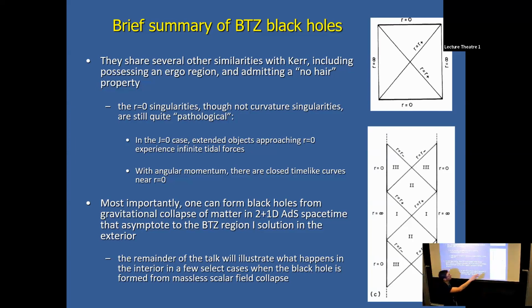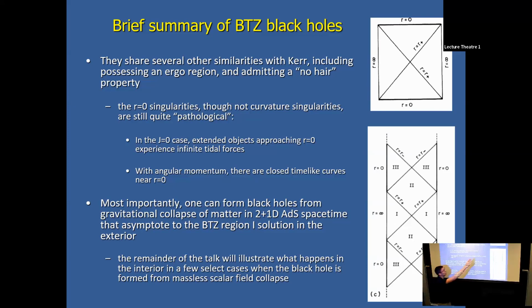So you can see that the same properties occur as what you expect in Schwarzschild. Outside, R equals constant surfaces are time-like. Inside, they switch to being space-like. So once you cross R equals R plus in the Schwarzschild case, you flow in time from R equals R plus to R equals 0. But R is still the circular circumference.